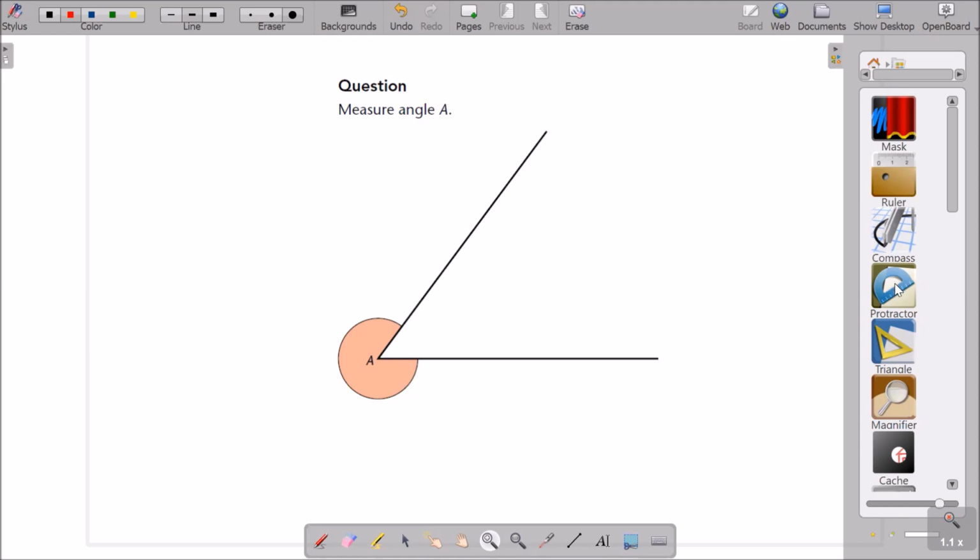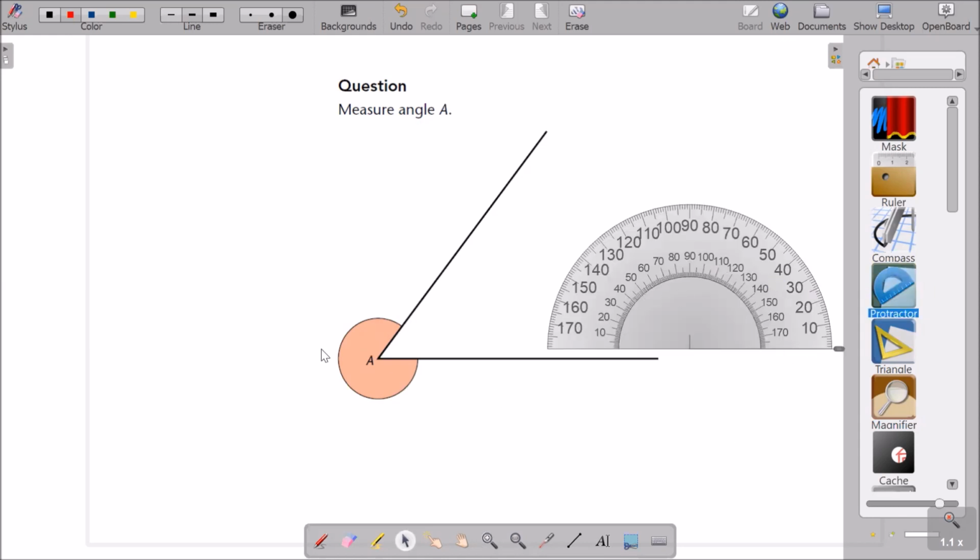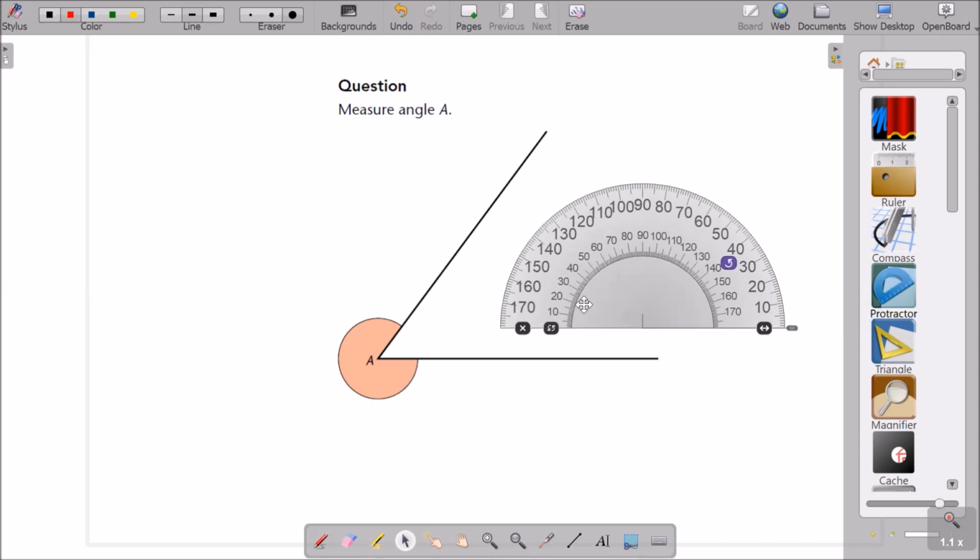Measure angle A. We know we cannot measure angle A because it is reflex. Our protractors commonly can measure up to 180 degrees. But what do we know? This whole angle from here going around and back is 360 degrees.